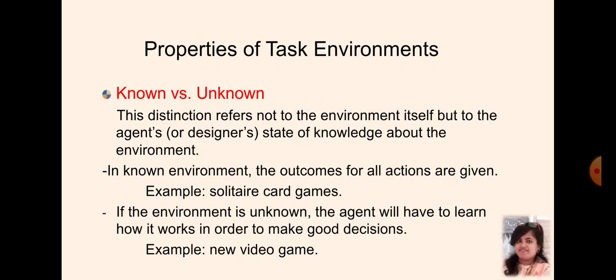And if the environment is unknown, the agent will have to learn how it works in order to make good decisions. One example is a new video game. You are playing a new video game, you do not know what will be there in the later stages of the game. The scenario of the game can change, different enemies can be introduced, different weapons can be given to you. That is the unknown environment.